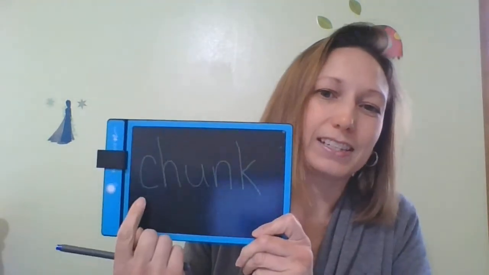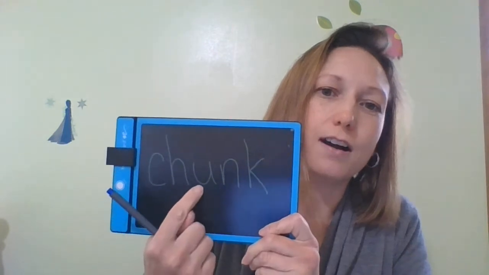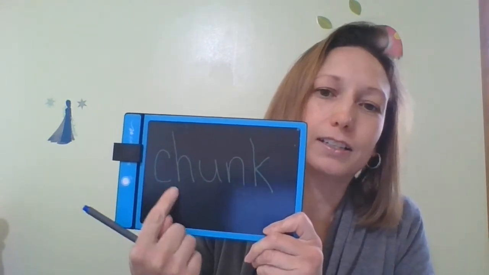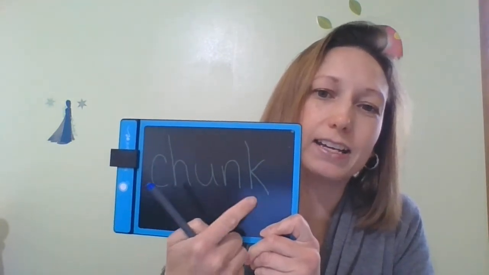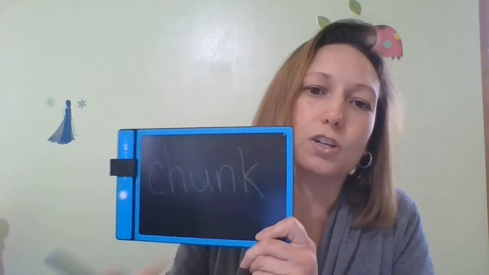How did you spell chunk? What digraph did you hear at the beginning? Ch, C-H. And K. C-H-U-N-K, chunk. Like a chunk of ice fell off the roof.